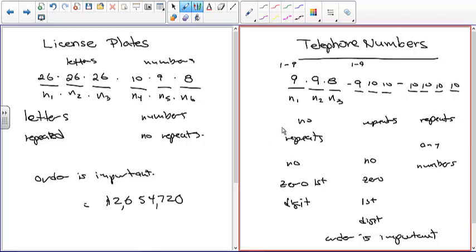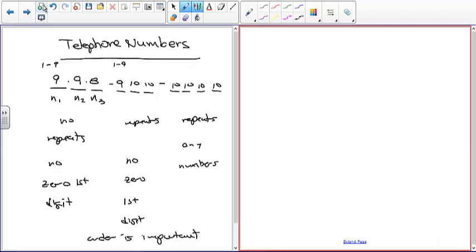And then if you multiply all those numbers together, you'll get the total number of possibilities. So let's see what that is. 9 times 9 times 8 times 9 times 10 times 10 times 10 times 10 times 10 times 10.